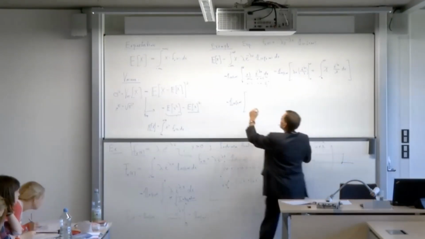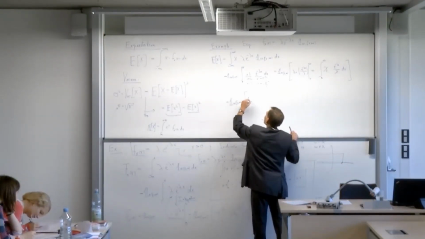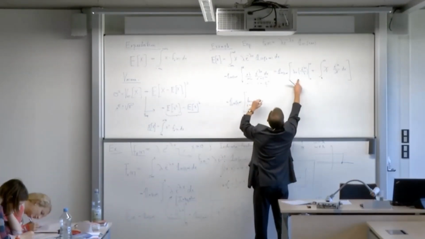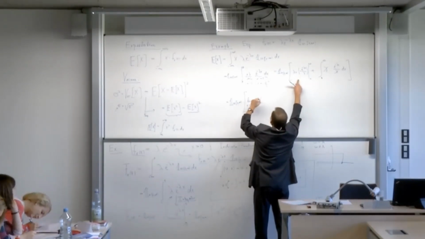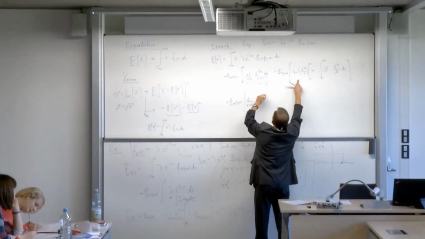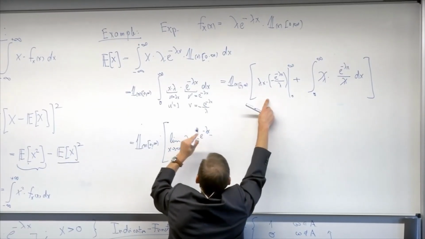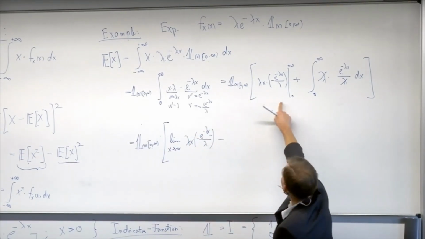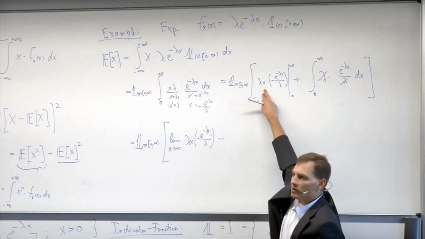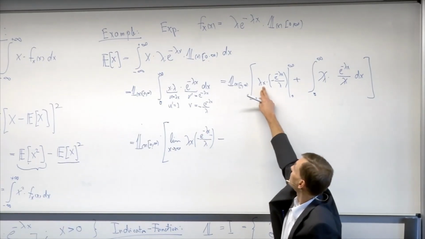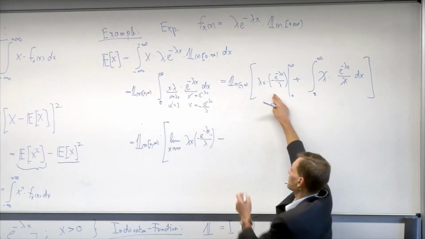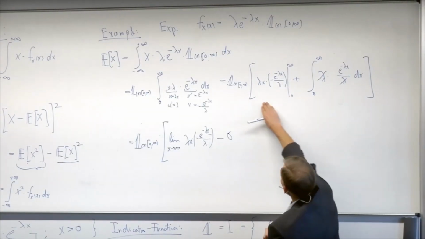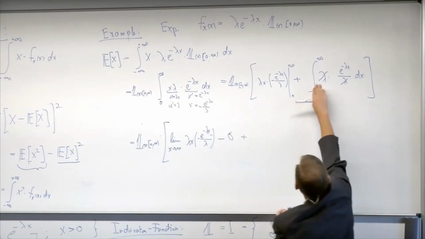We say, well, this is the limit for x to infinity of this term divided by lambda, minus, if we substitute in 0 here, well, you see, 0 times anything here, it's 0. So this is now this term.